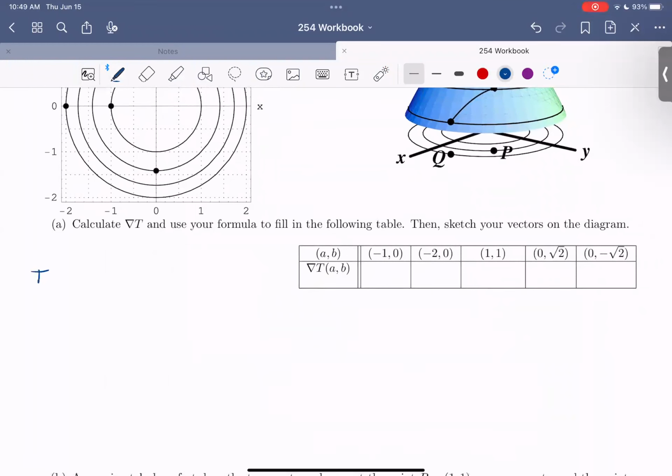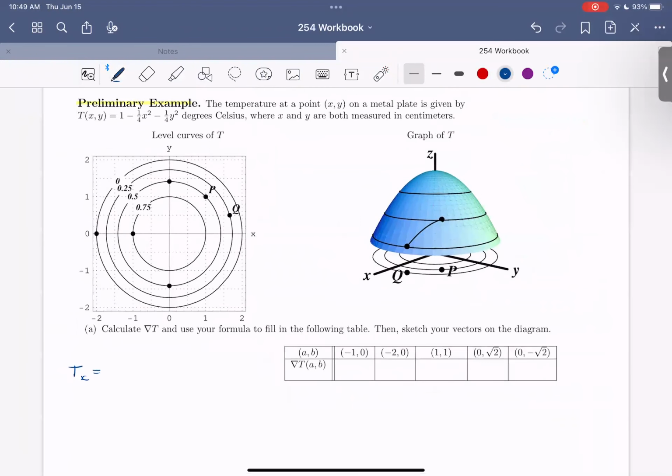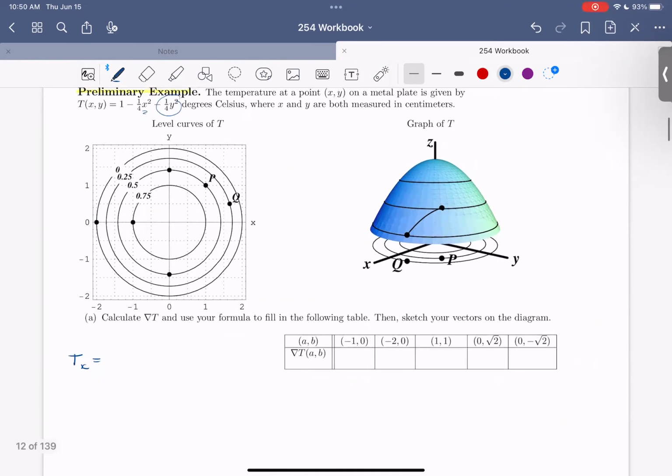We saw that in the last section. We can first compute the derivative with respect to x. Our function is 1 - 1/4 x² - 1/4 y². We're going to treat y just like a constant, and x is going to be the variable that we vary.